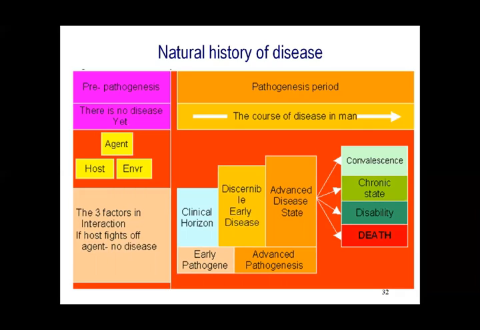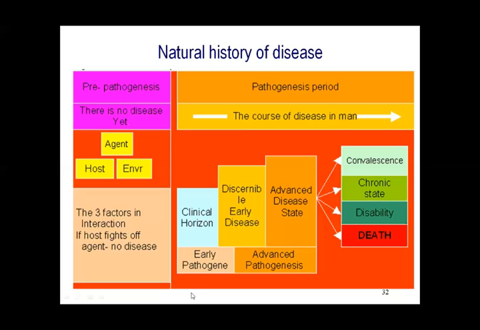So, for example, if the agent, let's say a virus, is not too strong, the disease course will not be long and it will be controlled easily. If the host's health and immunity are very good, this can also help in prevention and quick cure of the disease. Recovery from the disease will be very quick, and if the environmental factors are fine, it is also very helpful in prevention of diseases.